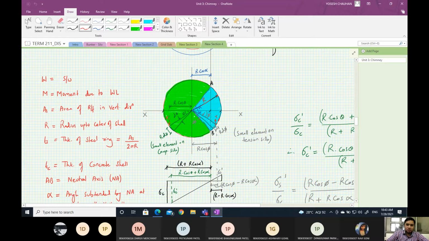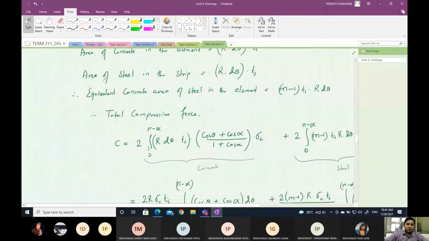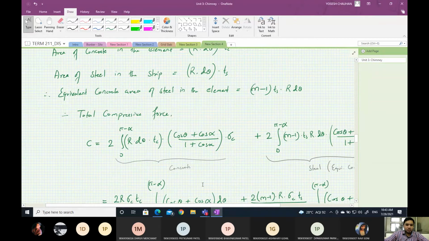So this angle will be pi minus alpha, and similarly this angle is also pi minus alpha, so we are multiplying with 2. So we are integrating from 0 to pi minus alpha r d theta tc times cos theta plus cos alpha upon 1 plus cos alpha times sigma c. This is the area multiplied by its stress, which gives the compressive force due to the concrete section.